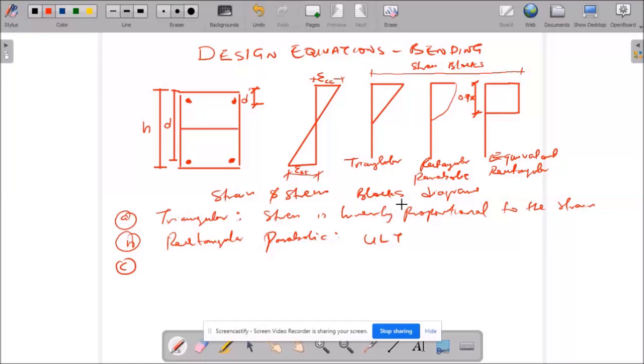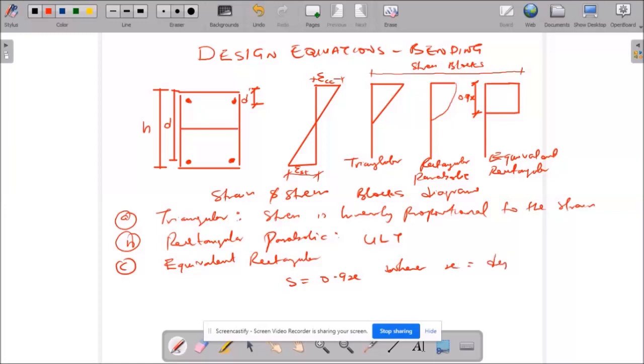The depth of the rectangle, as you can see, which is S, is equal to 0.9x, where x is the depth of the neutral axis.